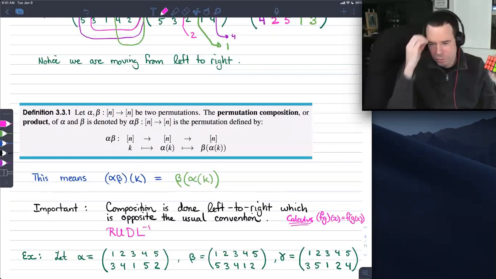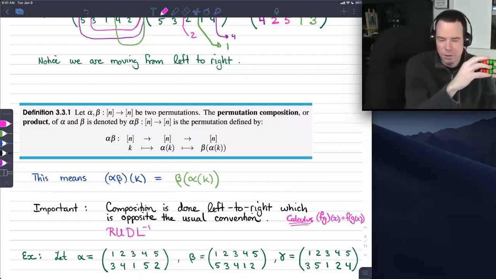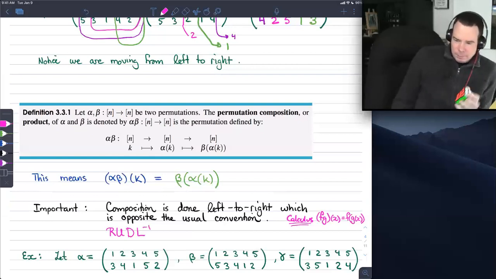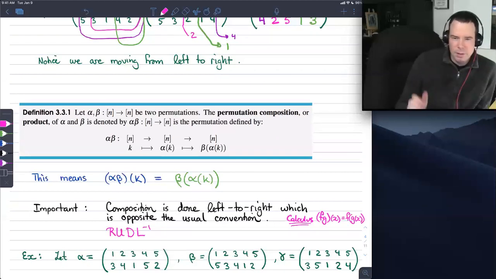It's all right if you don't know what these are. R just means turn the right face one click in the clockwise direction. The way you would read this is: first do R, then do U, then do D, then do L inverse, because we naturally read from left to right.